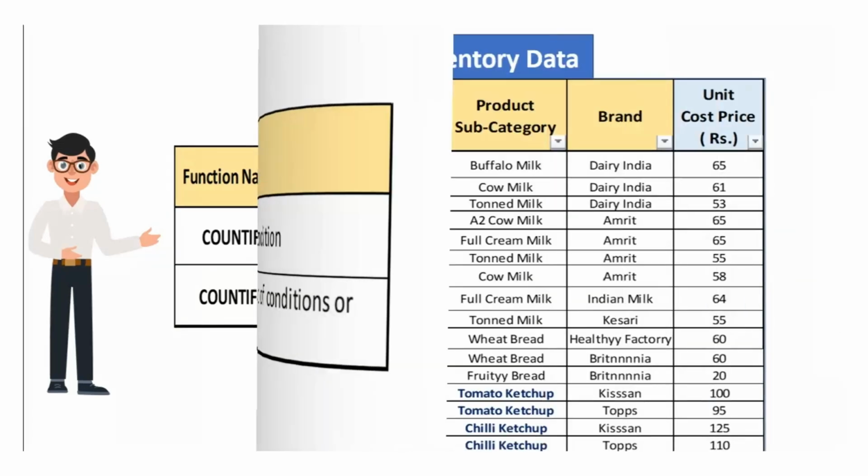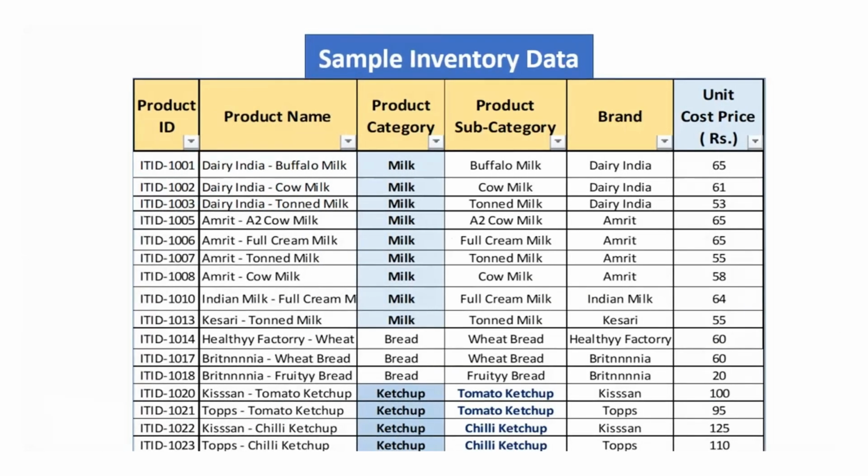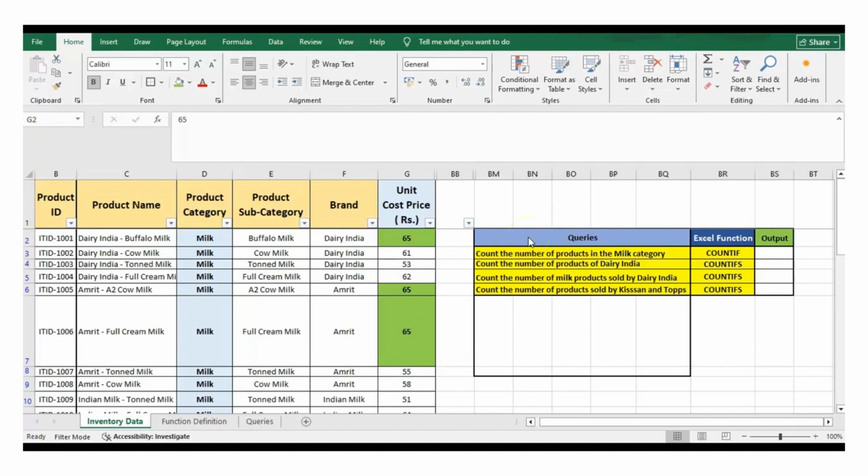Talking about the sample inventory data, we will be using the same inventory data sheet that we have used in our earlier sessions. Now, let us move to our Excel series workbook and understand these functions COUNTIF and COUNTIFS, starting with the first query, which is count the number of products in milk category.